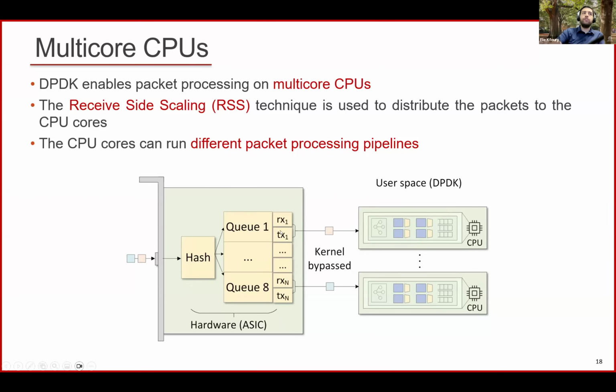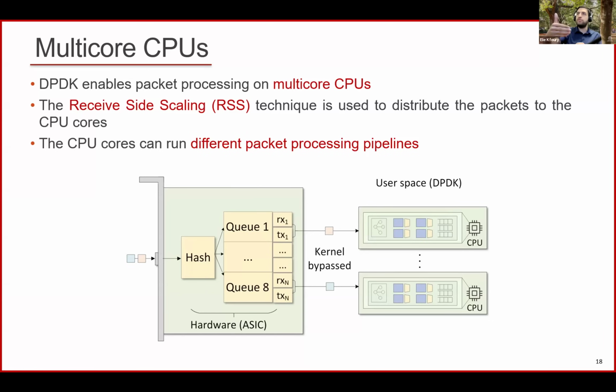Okay. Now, each of these queues would be consumed by one of the CPUs. So let's say I have 8 queues, I can have 8 CPU cores, right? Each CPU core will be just processing packets coming from a single physical queue. So with that, your DPDK program, or the packet processing that you have, you can scale it to run on multiple cores.